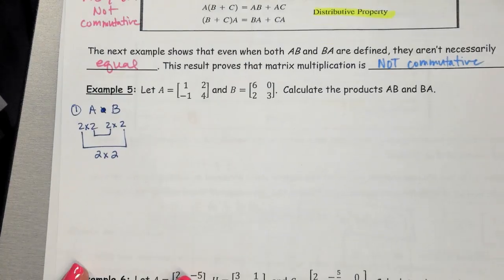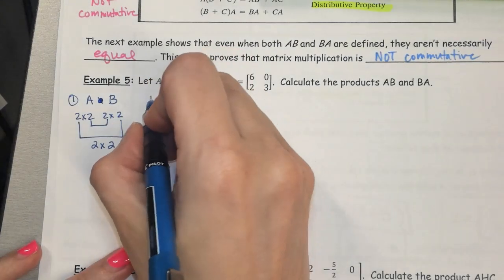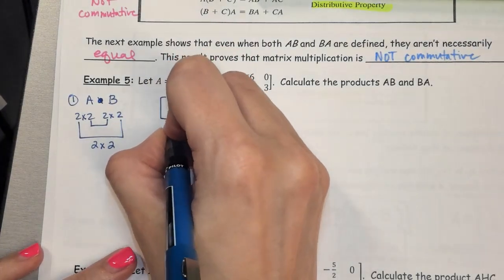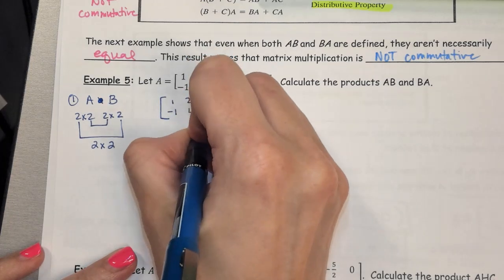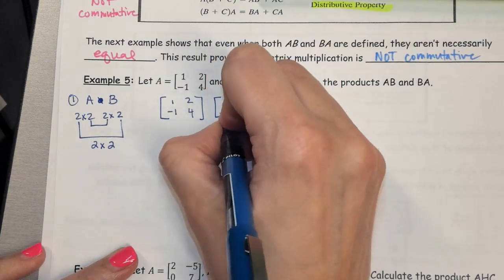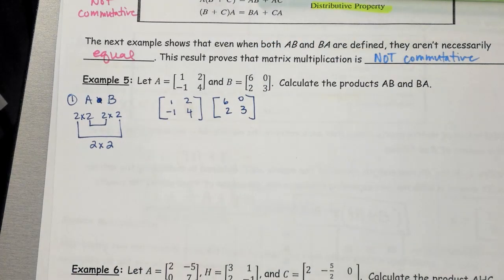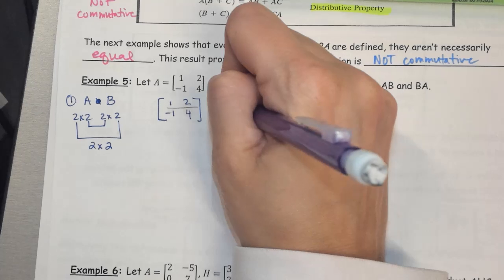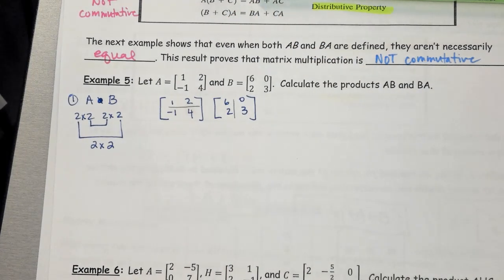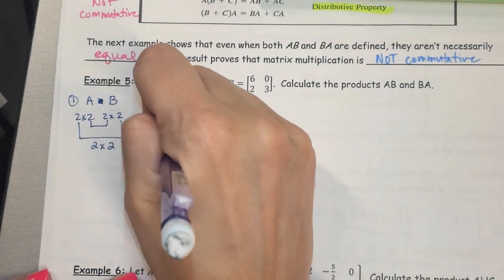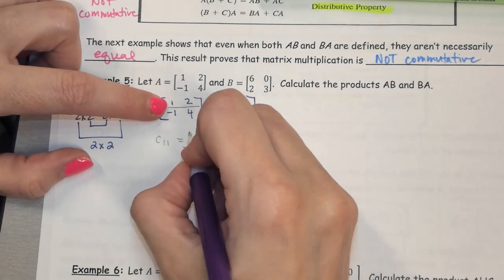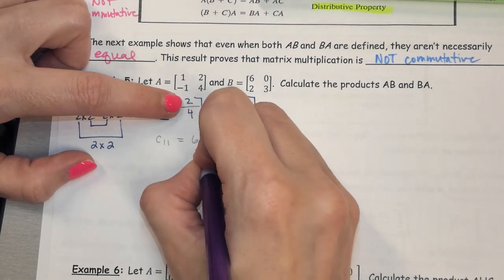Are you ready to try that multiplication on your own? I like to physically write down, I will do this, and I will do this for the first part, just because that helps me. Okay, so it's 1 times 6, it's 2 times 2.